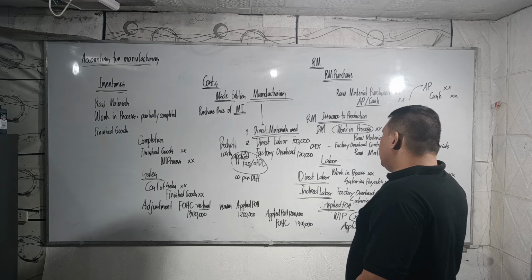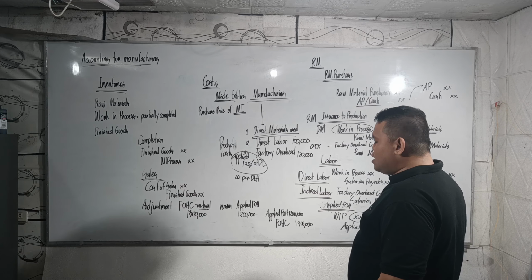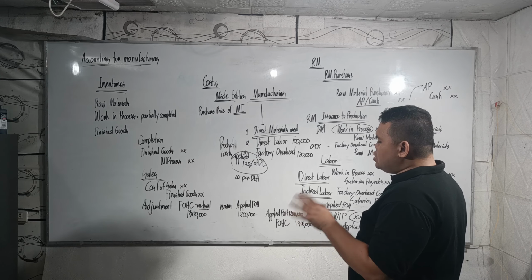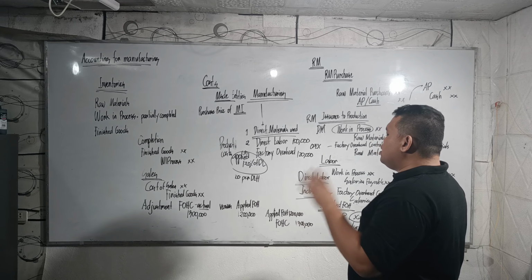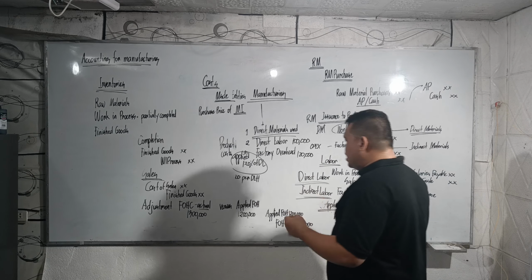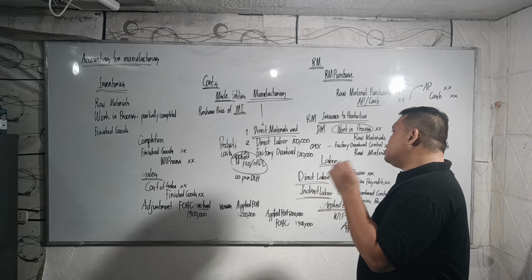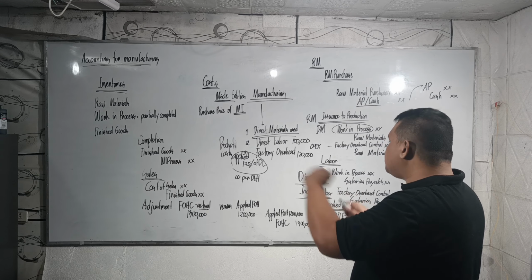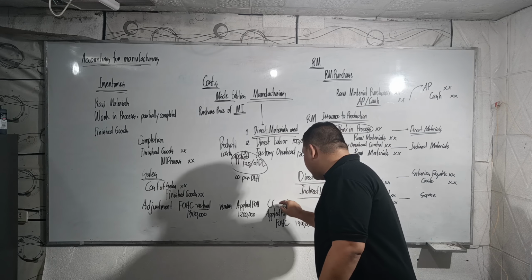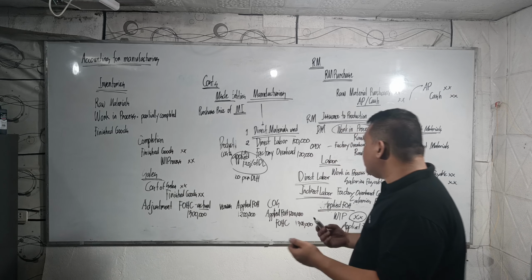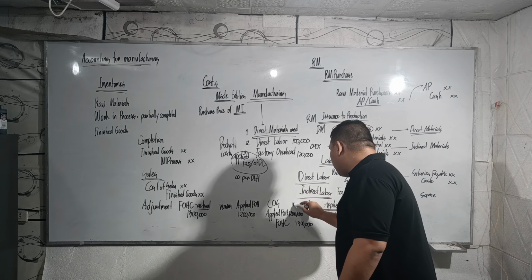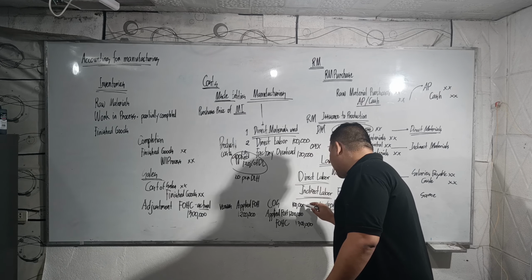Okay? So, how do we balance that one? You already know that the adjustment is just closing the factory overhead control account and applied factory overhead. But the balancing figure is actually option 1. You have to revise your cost of sales. If you have computed your cost of sales, you have to add 100,000.